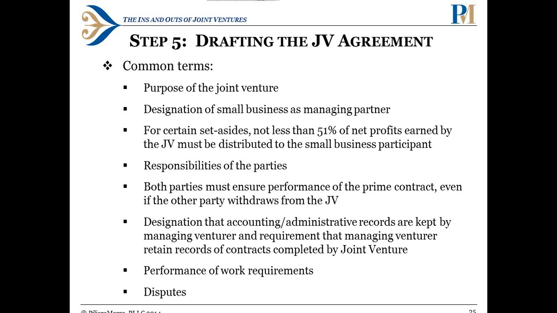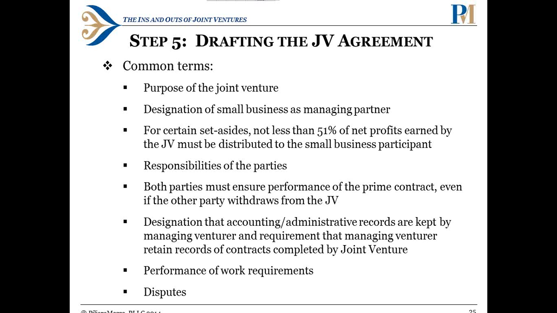Designation of the small business as the managing partner. If it's a set-aside, that is important unless you're both small. But for purposes of day-to-day operations and how it will be managed, you should work that out and include it in your agreement anyway. For certain set-asides, you want to say that not less than 51% of the net profits will be distributed to the eligible partner.